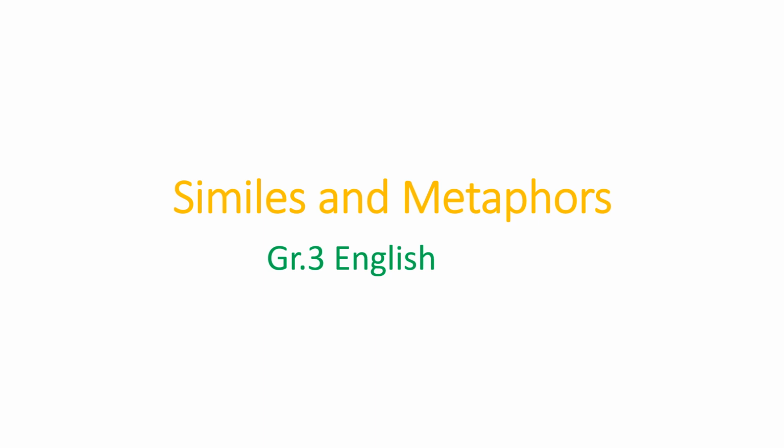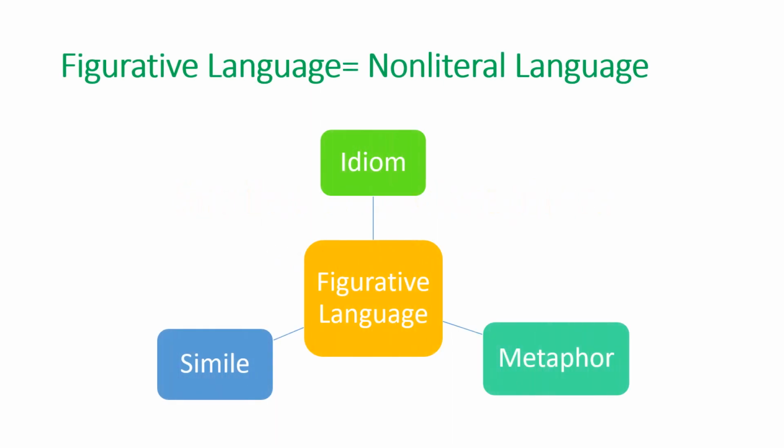Today we're going to talk about something very interesting. They're called similes and metaphors. Figurative language is basically non-literal language. We talked about it in class. We talked about idioms. They're figurative language, or non-literal. It means that they have another meaning. We can't understand the meaning word for word.